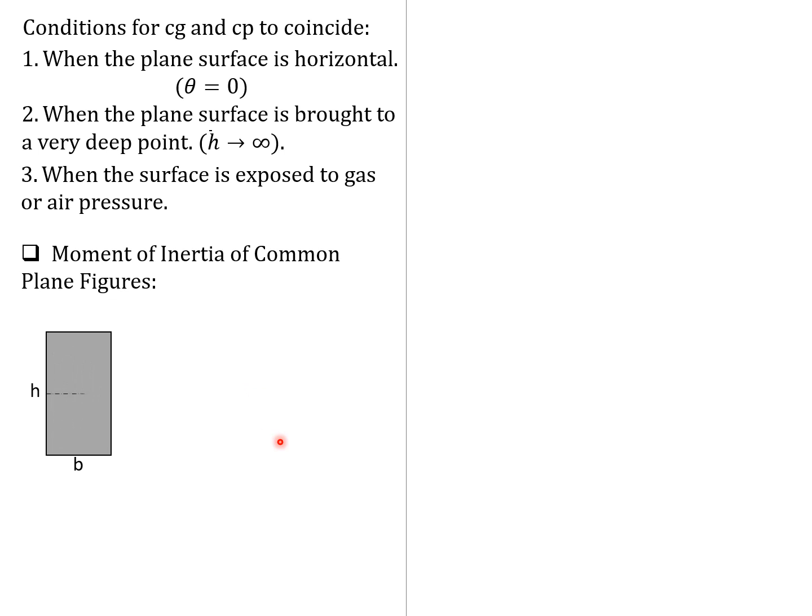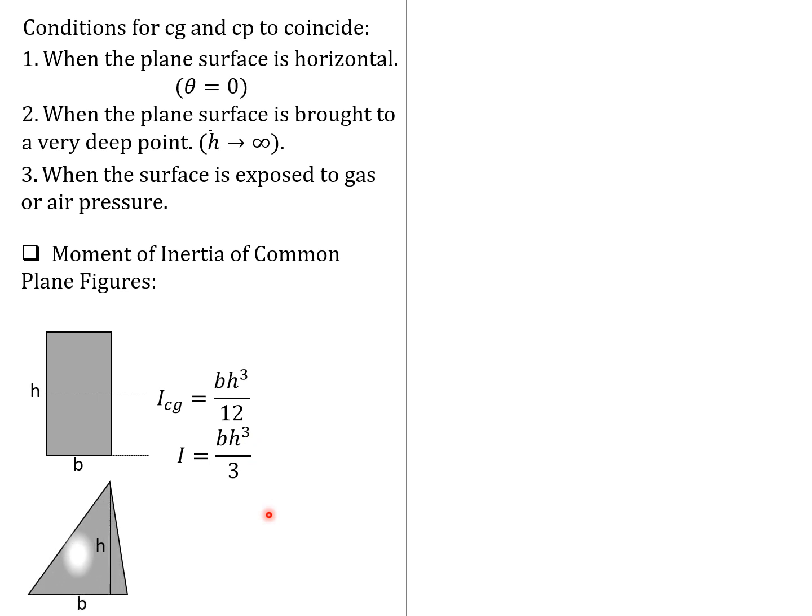I'll just present them here. Moment of inertia with respect to the centroid is bh cubed over 12 for a rectangle, and with respect to the base, bh cubed over 3. For a triangle, with respect to the centroid, bh cubed over 36. The distance of the centroid from the base is h over 3. With respect to the base, bh cubed over 12.